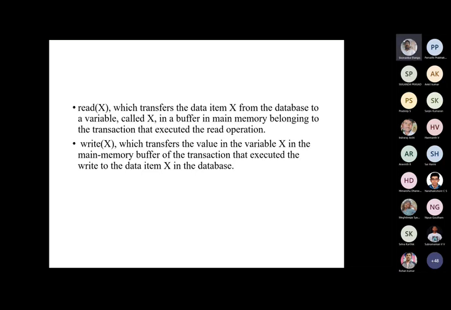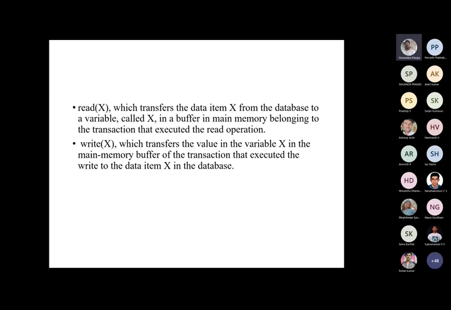Whereas in the write of X operation, you are going to transfer the value of the variable X onto the main memory of the transaction that executes the write operation, right? So it is similar to your load and store commands in hardware organization. Load is used to transfer data from memory onto the register, right?